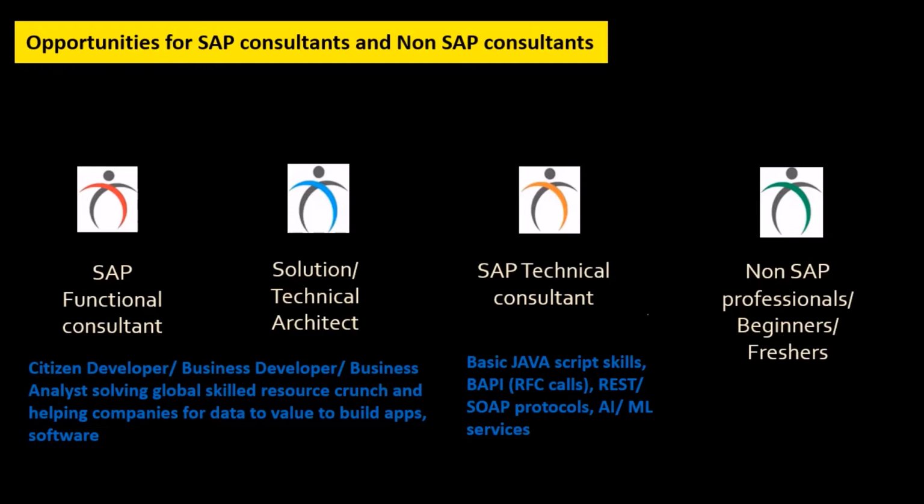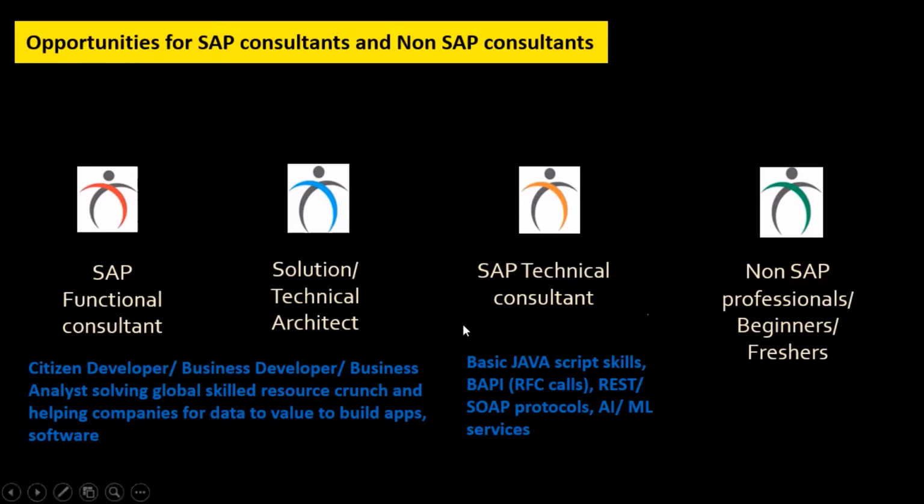And for non-SAP professionals also, that's a category. For them also, there is a good amount of scope. If they have coding skill, if they have domain knowledge, in this process, particularly considering RPA, chatbots, and BTP, you don't have to be an SAP professional. Other people from outside SAP, non-SAP people, can also work in this particular area.